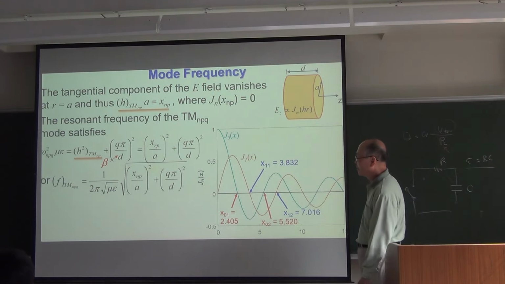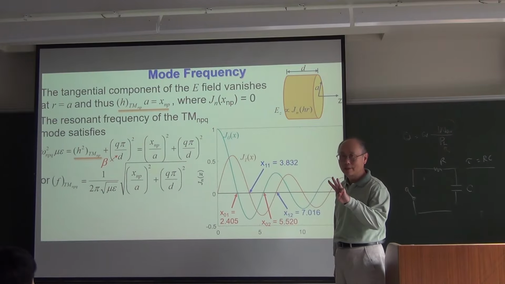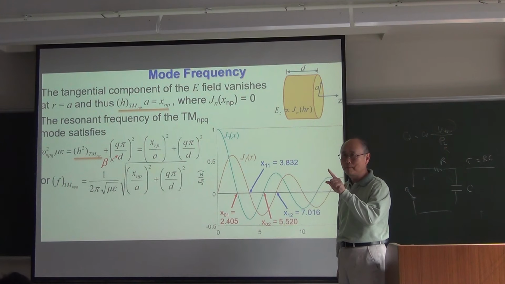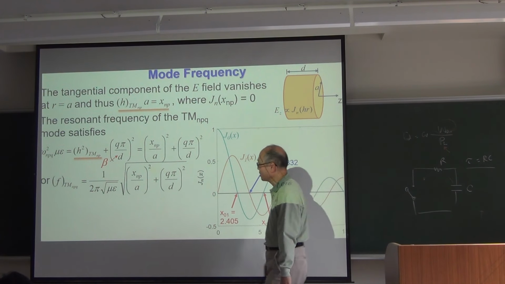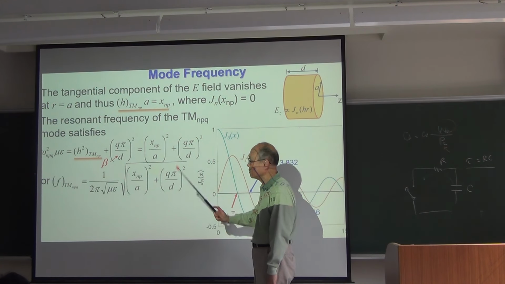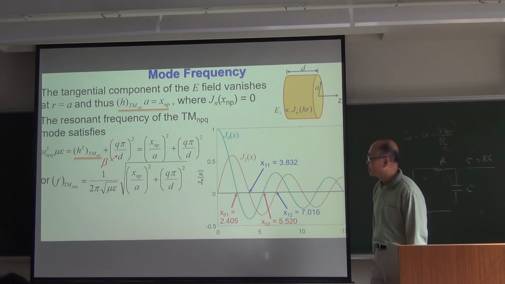Now, still you have three indices for this three-dimensional resonator. Previously, for the rectangular resonator, we have m, n and p determine the resonant frequency. Now you have n, p, q determine the resonant frequency.